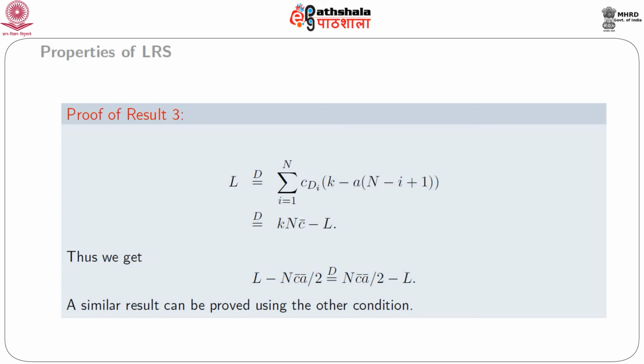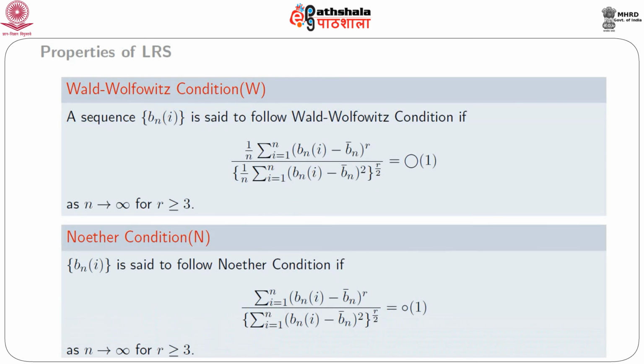Thus we get that L minus n C bar A bar by 2 has the same distribution as n C bar A bar by 2 minus L. And a similar result can be proved using the other condition, that is when Ci plus C(n minus i plus 1) is a constant, we can prove the same thing using some other type of mathematics.